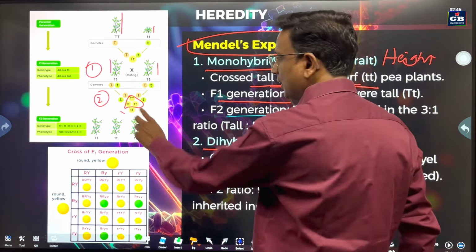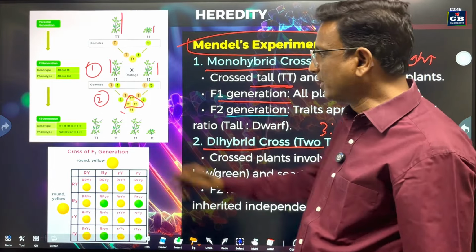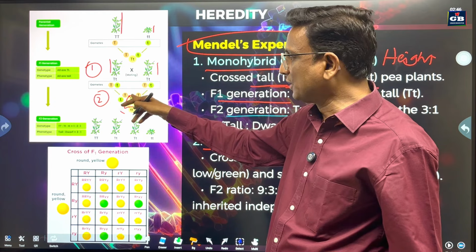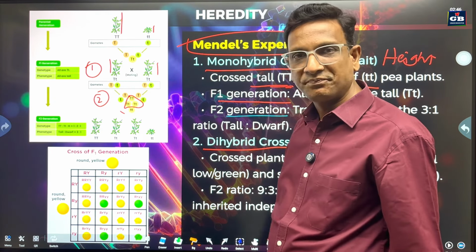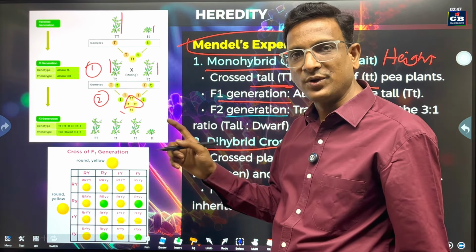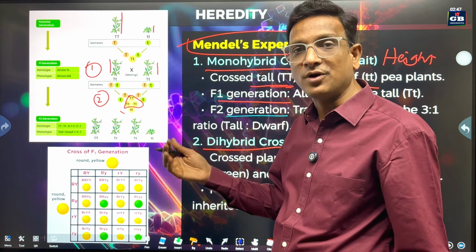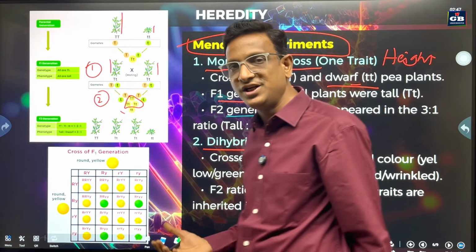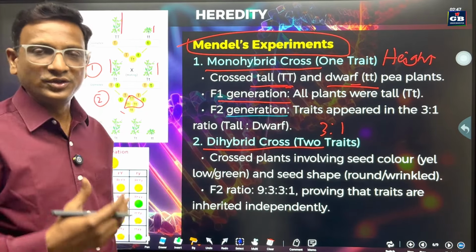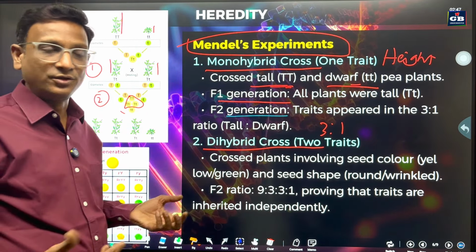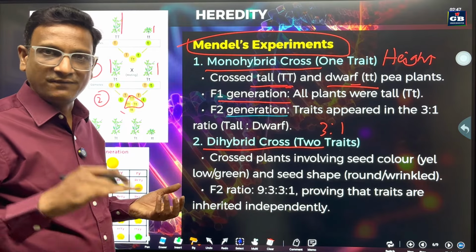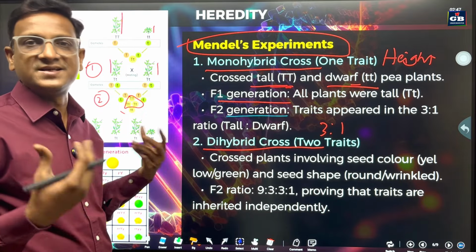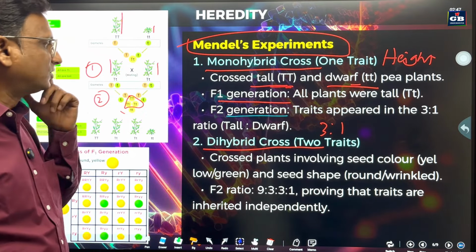Among these 3 also you can observe only 1 is pure breed tall, the other 2 are heterozygous, 1 tall, 1 short. But still they are looking tall because tall is a dominant trait, the dominant gene is there. So this dominant gene is expressed, the tallness is expressed, and dwarfness is not a dominant characteristic. The dominant trait is the one that gets expressed, right, children? So a 3:1 ratio.